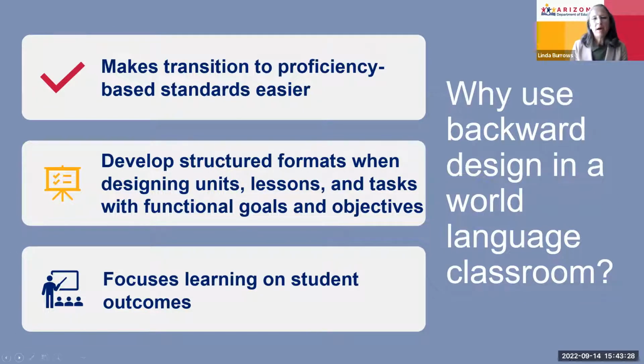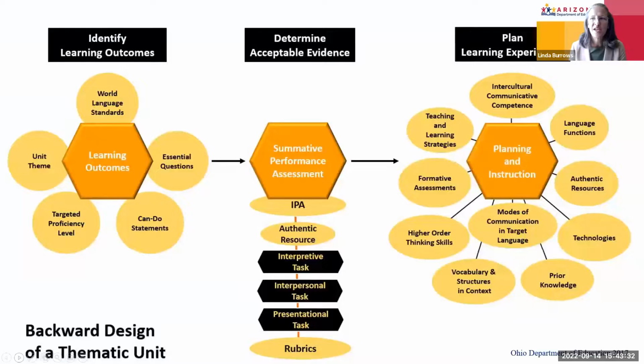So when we think of backwards design, and considering both Hannah and I have taught for years, it's always good to not reinvent the wheel and take what you can from other people. This is actually from the Ohio Department of Education. They created this fantastic map, a graphic organizer of what backwards design looks like for a particular unit.